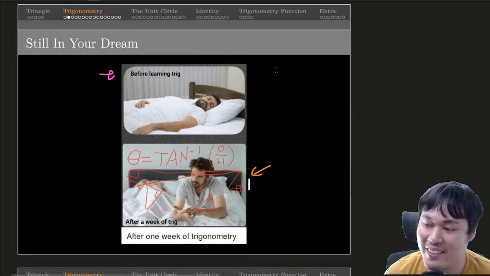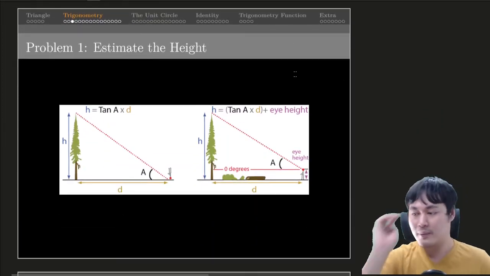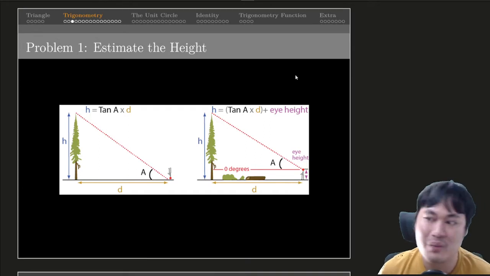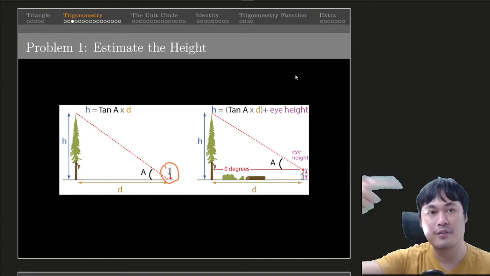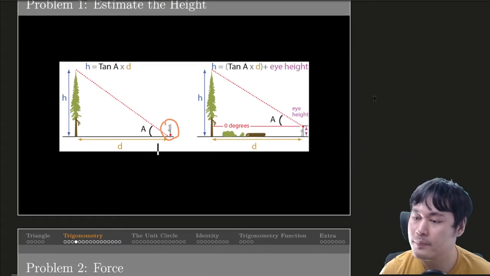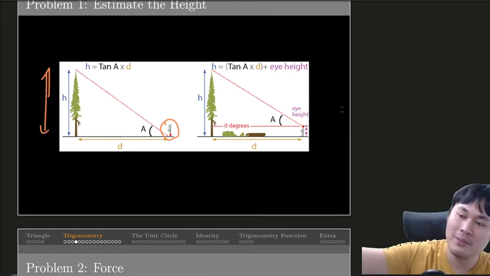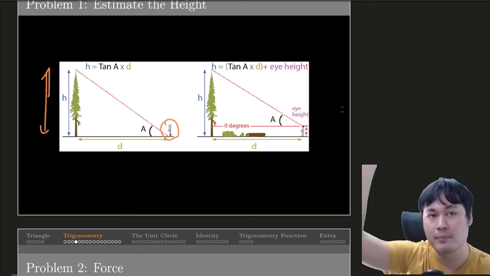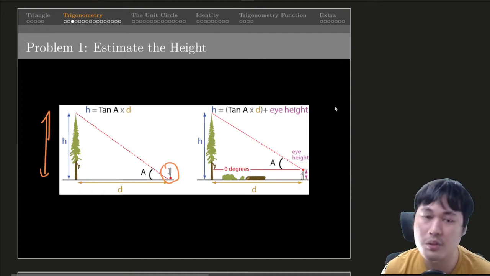I'm suspicious. Okay, so the first problem is about the height. This is the classic example where you are trying to measure the height of some object that is too high to climb up. You want to measure this pine tree, but it's too high. You don't have a high enough ruler or measurement tool to use.